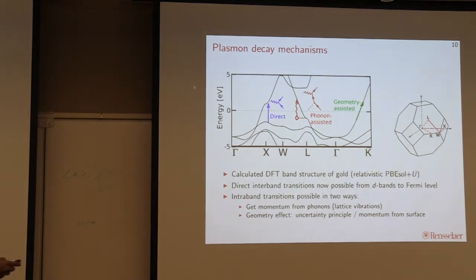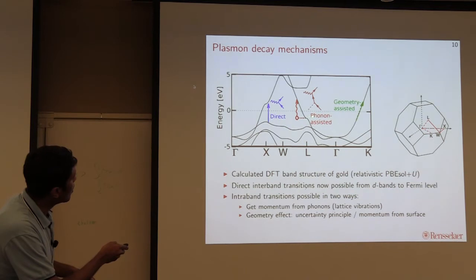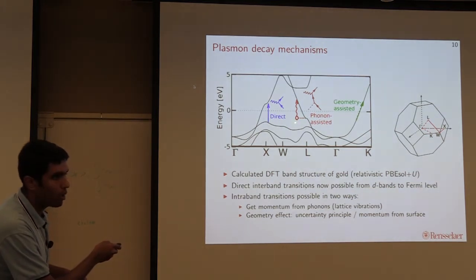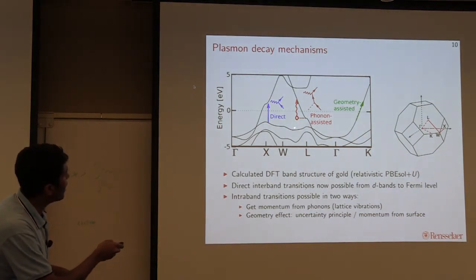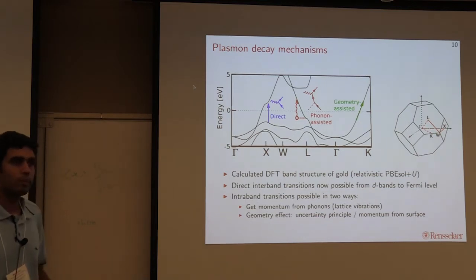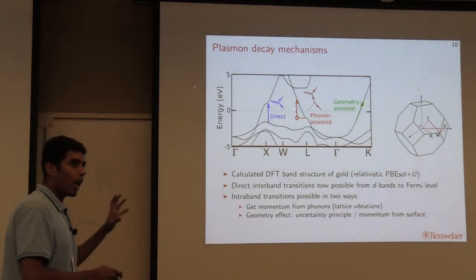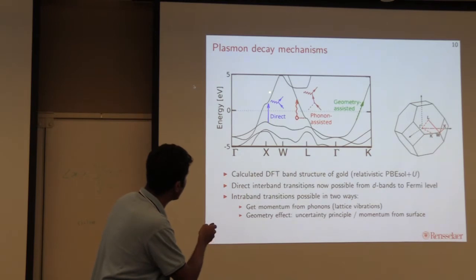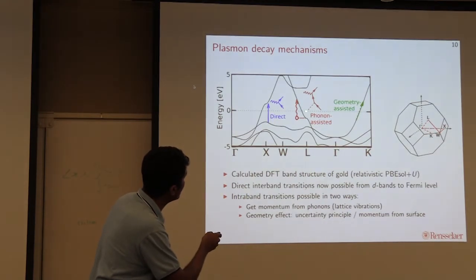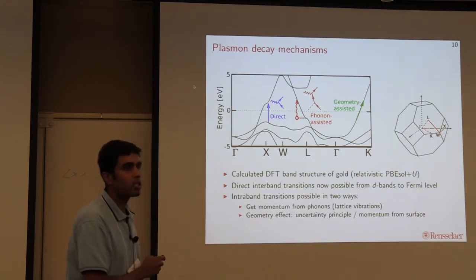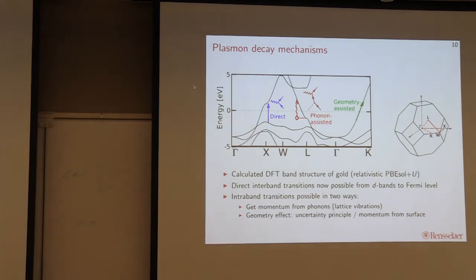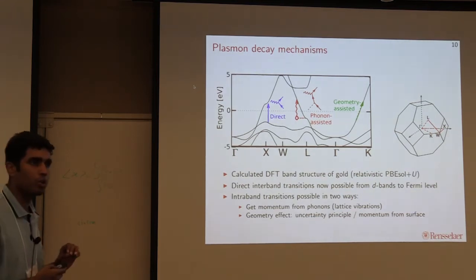So effectively, you can now do transitions where you borrow the momentum from the phonon, and you borrow energy from the photon to do this transition. So you now have two ways of doing this: you can do vertical transitions and you can do non-vertical transitions, either based on the geometry or based on taking momentum from lattice vibrations, right? And up until now, it was basically only this mechanism that was considered in the study that I showed you.